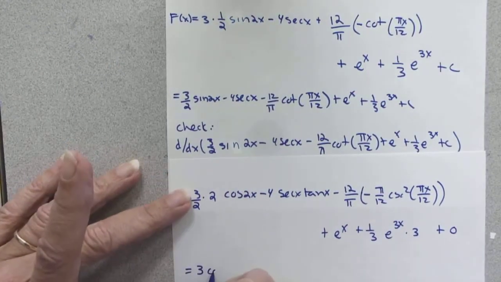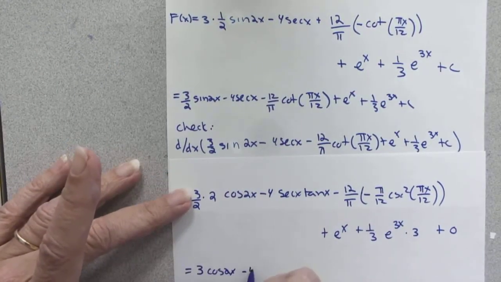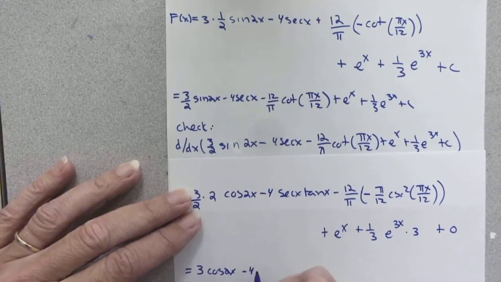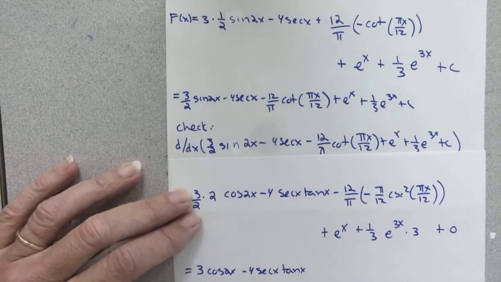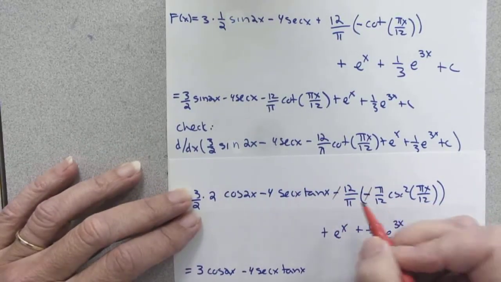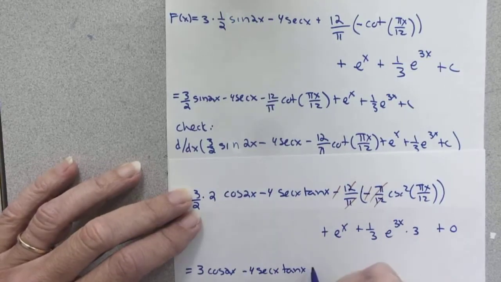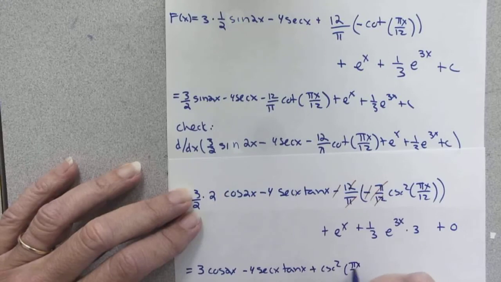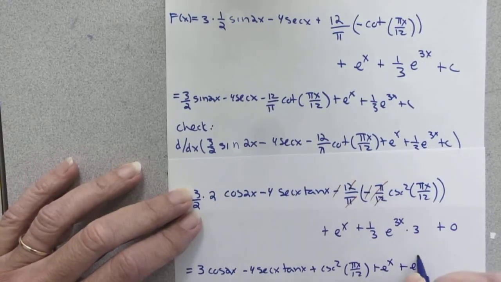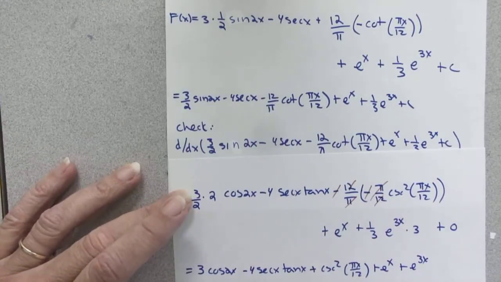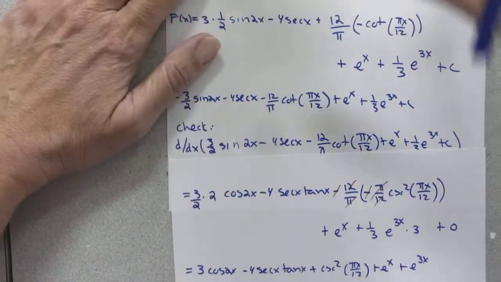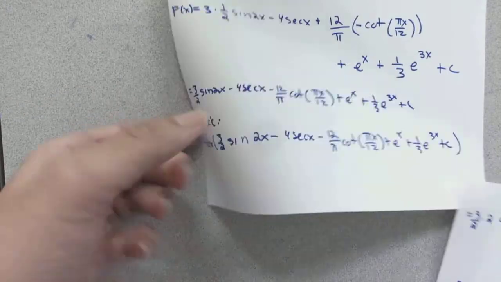So we have 3 cosine 2x minus 4 secant x tangent x. Here, these two negatives cancel, the 12 and the 12s cancel, the pi's cancel. And so I have plus cosecant squared pi x over 12 plus e to the x plus e to the 3x.